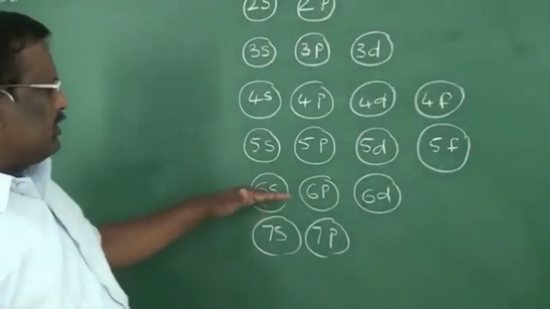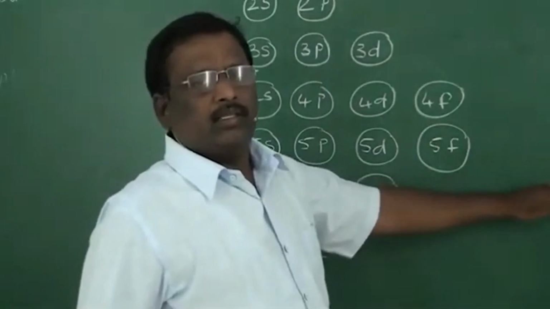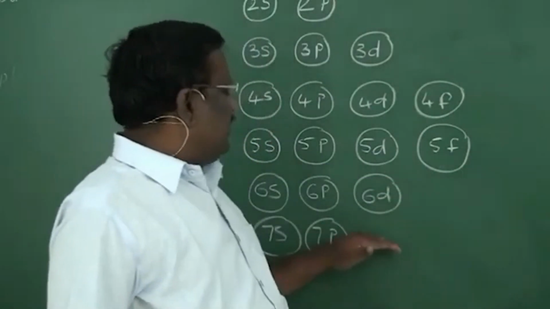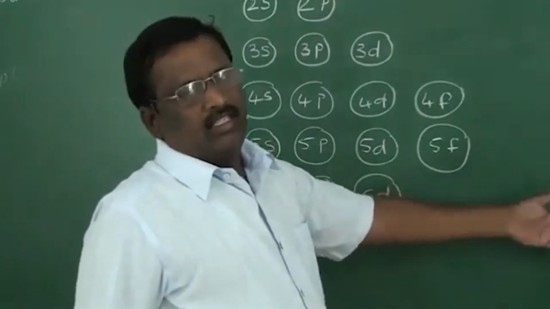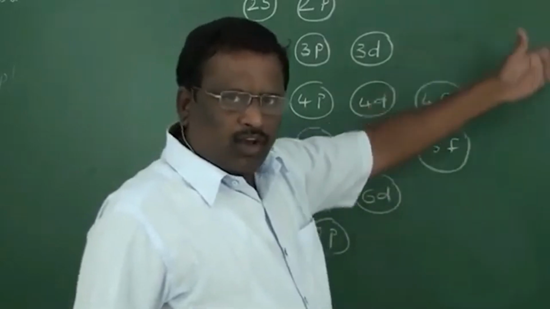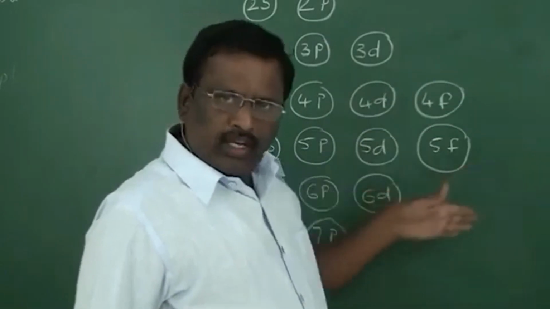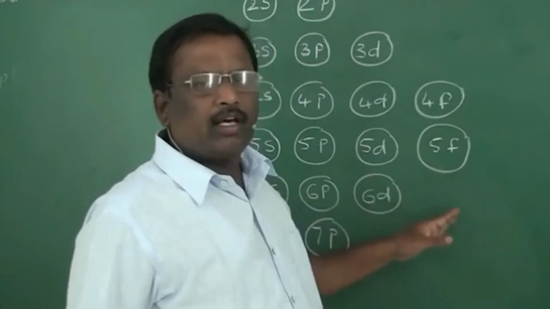But in the sixth energy level there are also sub-energy levels 6f and 6g, and 7d, 7f, 7g, 7h are also present. But for the atoms discovered so far, there is no need to enter into these orbitals. That's why I am not mentioning those orbitals.